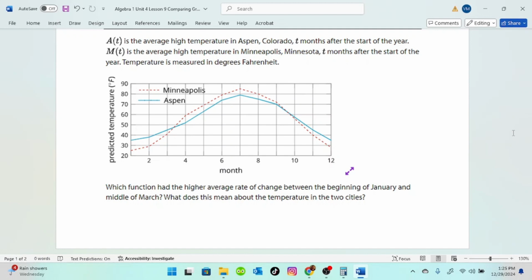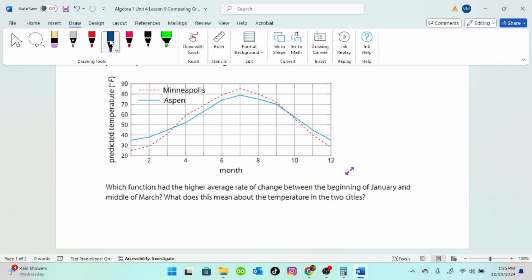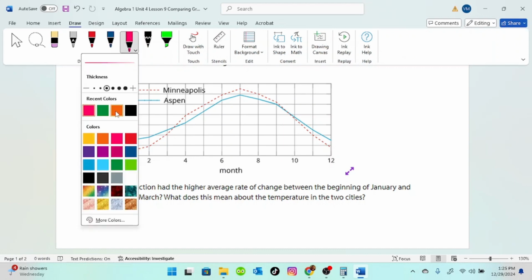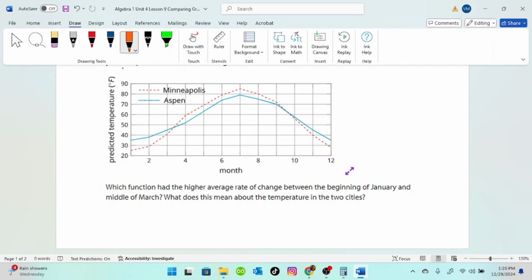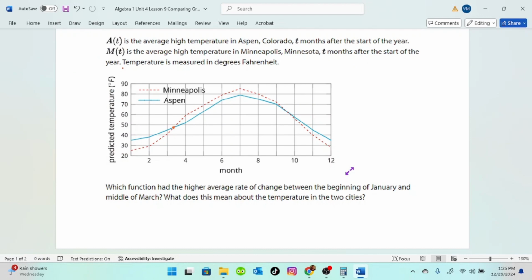So if we look, we are comparing from the very beginning of this chart, where the origin is going to be the beginning of January, until the middle of March. Well, the middle of March appears to happen right about here where the two lines meet. So at mid-March, they have reached the same temperature.